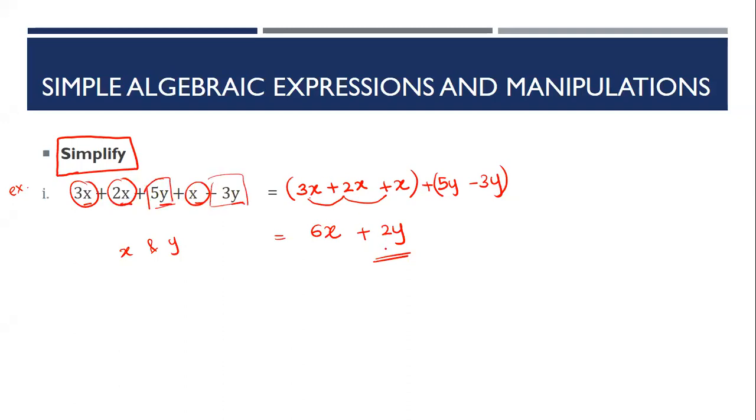So we are getting plus 2y. Okay, so this is how we can get wrong answers. That's why I take the x ones first and then the y ones. Okay, so likewise we can simplify. So our answer is 6x plus 2y.